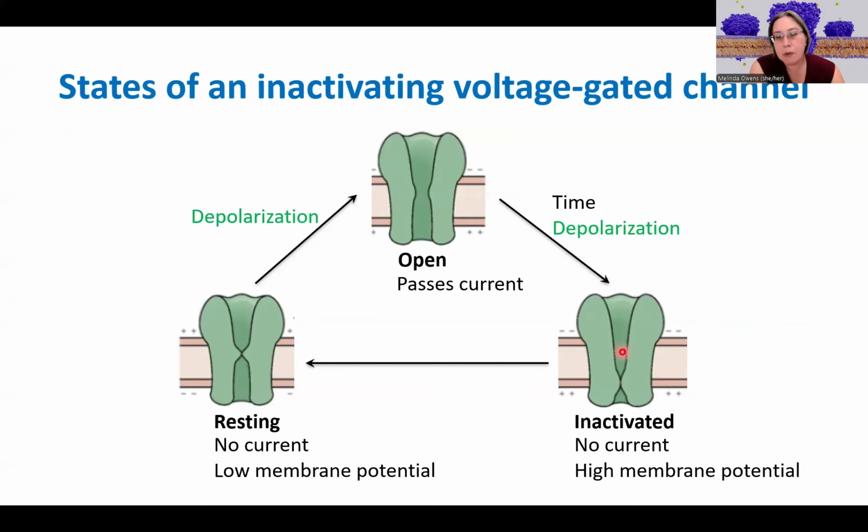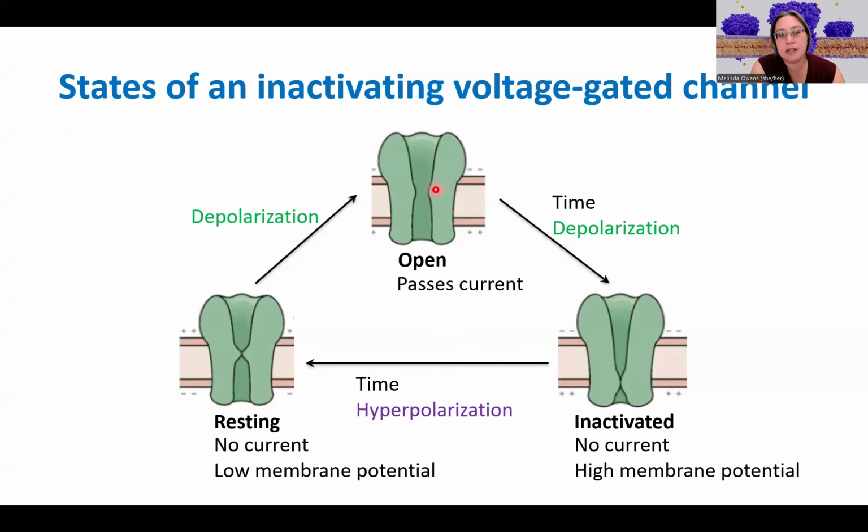Okay, well, say a channel is inactivated, how do you get it to go back to being open? Well, it has to go through the resting state first. So how do you go from inactivated to resting? You need hyperpolarization. It takes time, it doesn't happen immediately, and it takes hyperpolarization. So you have to return the membrane potential back to a lower membrane potential to get back to your resting state, and then you can open again.